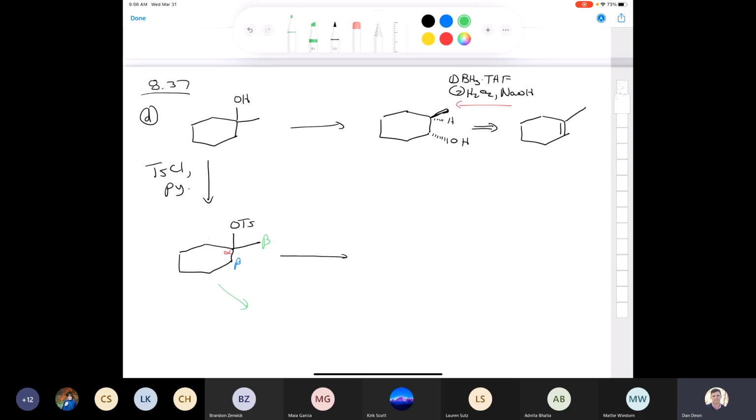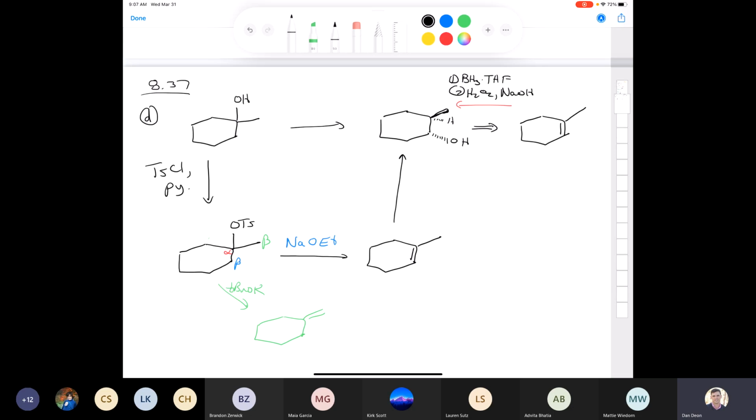If I was to treat that with potassium t-butoxide, then I would remove a proton from the green beta carbon and I'd end up with this, but that doesn't help me. If I treat it with sodium ethoxide, which is a non-hindered base, I'm going to remove one of the beta protons on the beta carbon highlighted in blue, and I would end up with the alkene that I want. Right? I end up with the Zaitsev alkene.